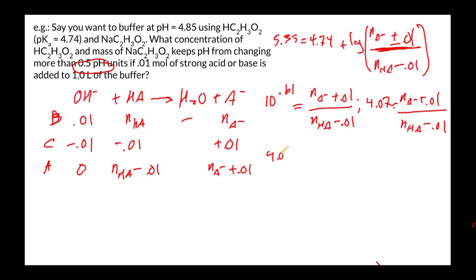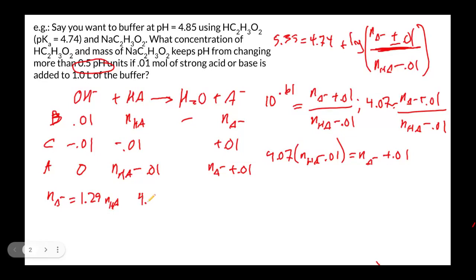So, doing a little algebra, 4.07 times number of moles of acid minus 0.01 equals number of moles of base plus 0.01. But remember, we had figured out in the previous setup for this that the number of moles of base is 1.29 times the number of moles of acid.